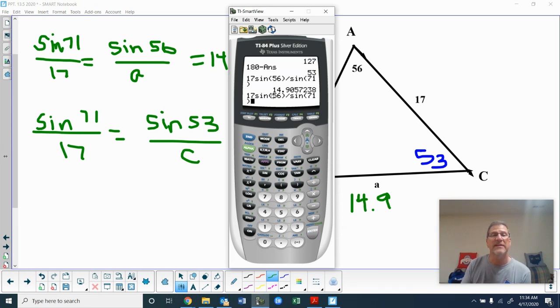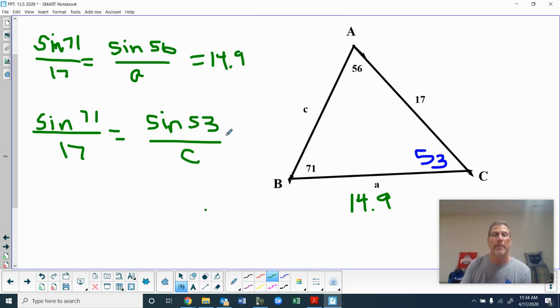So this would be 17 times the sine of 53 divided by sine of 71. 14.35, so I have to go 14.4.